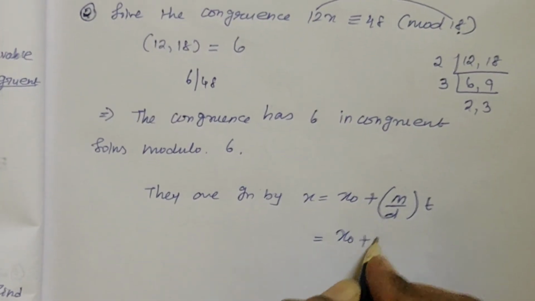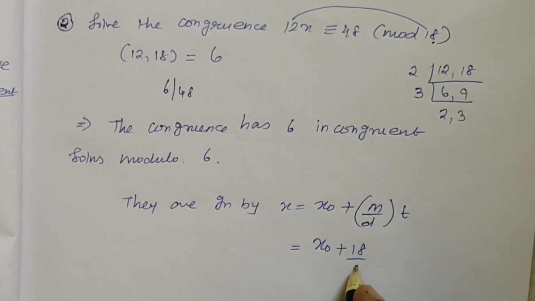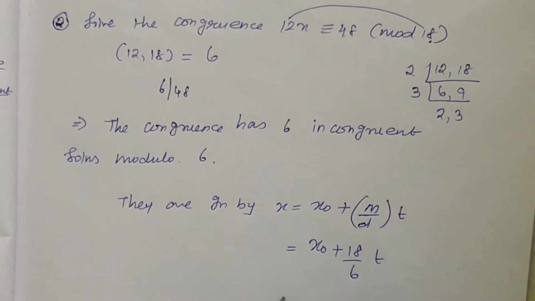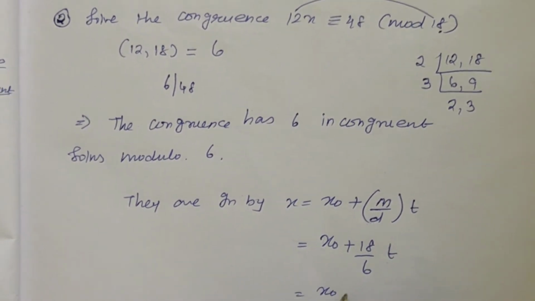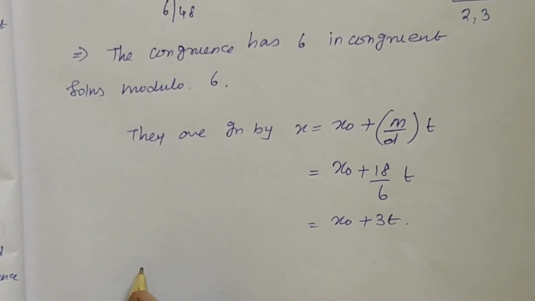Therefore x0 + (18/6)t, where d is the gcd of 12 comma 18, that is 6. Therefore x = x0 + 3t, where x0 is a particular solution.